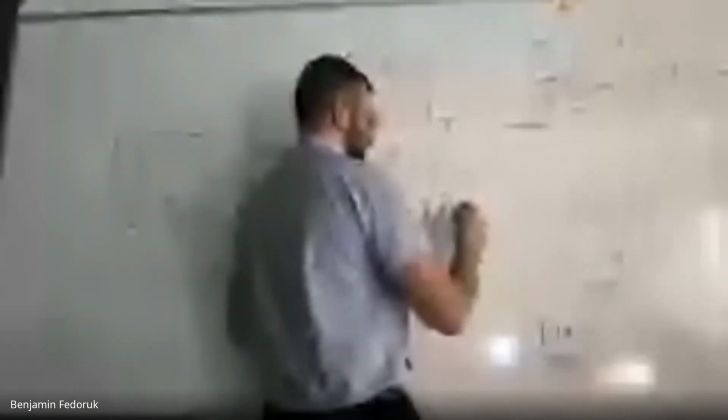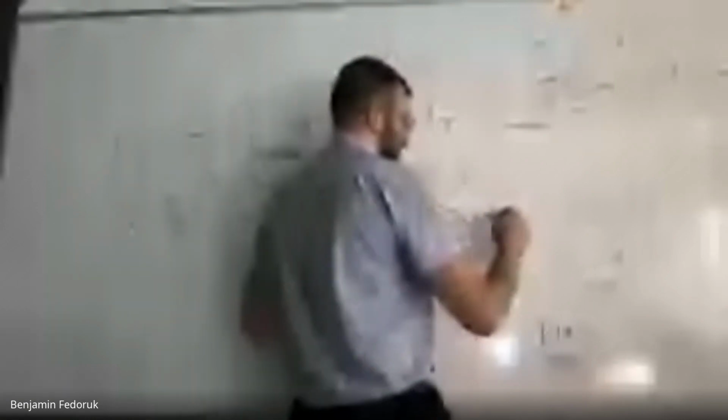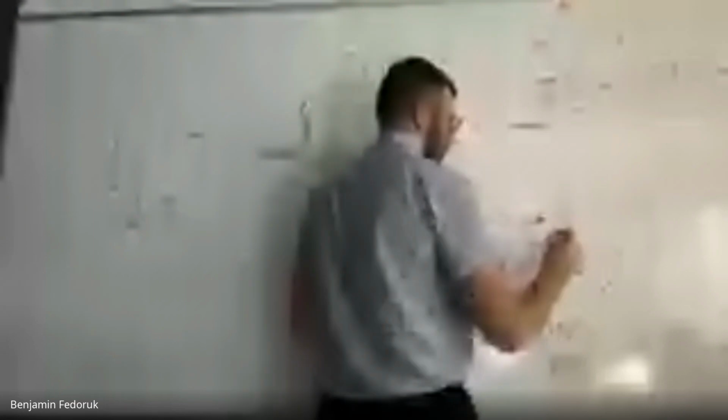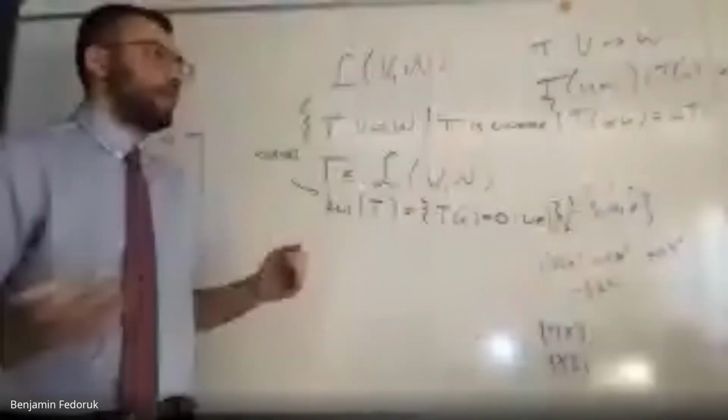Yeah. Kernel is what you'll see in the real world. The kernel of T is the set of all vectors such that T of V equals 0, where V is in that big V. So it's the set of all things that get mapped to 0 in your vector space.